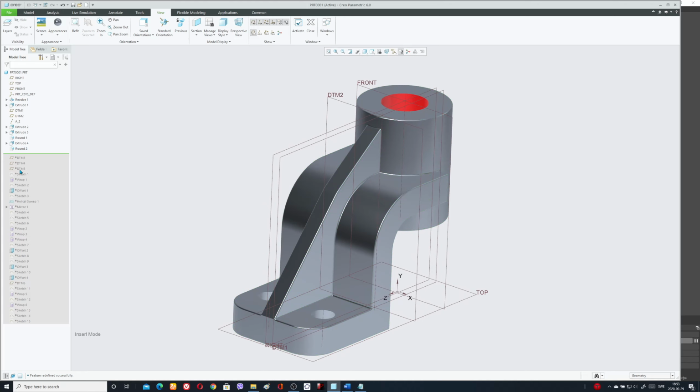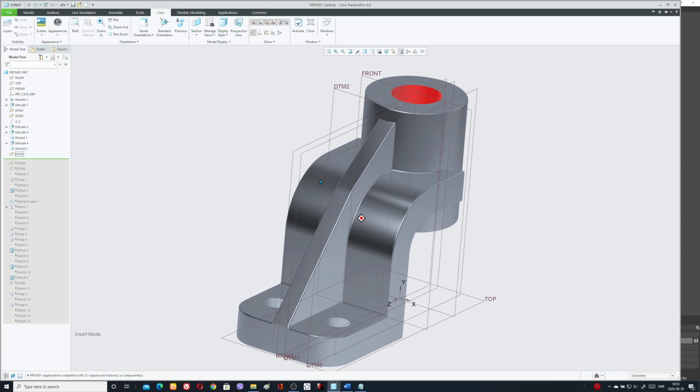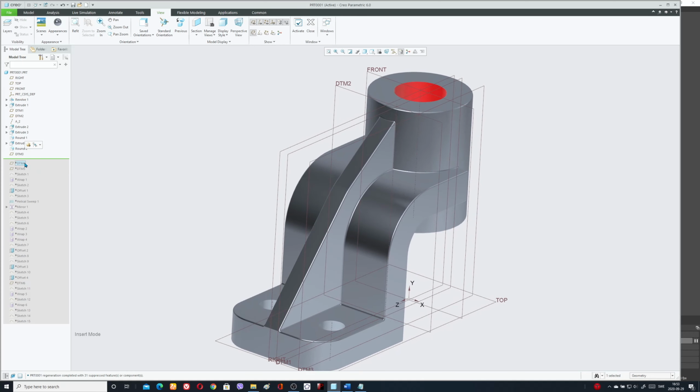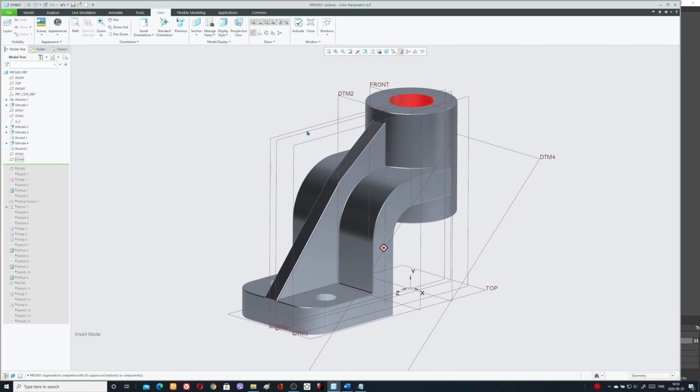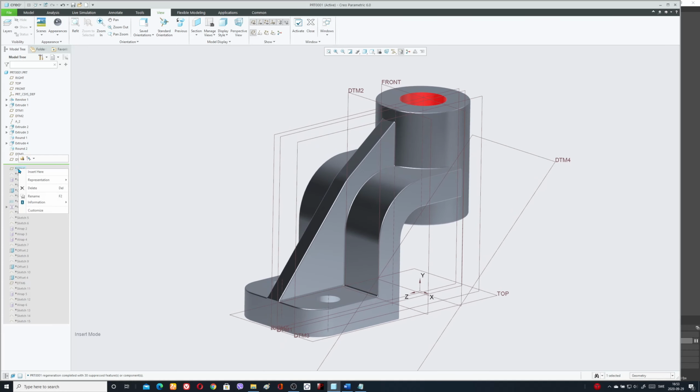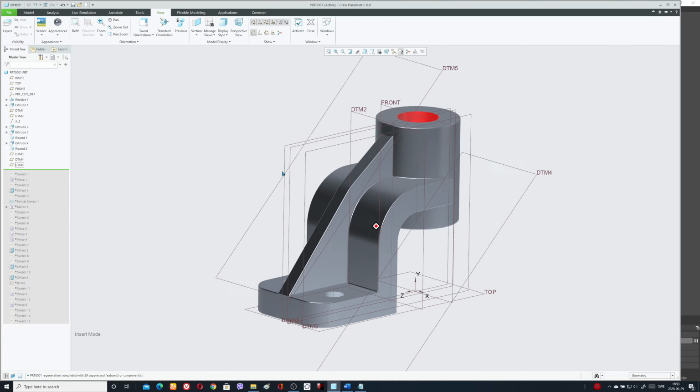And so after that, I have put in a plane and the second plane, this one here. And after that, the third plane.